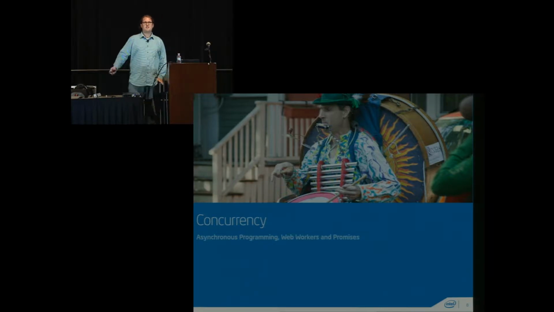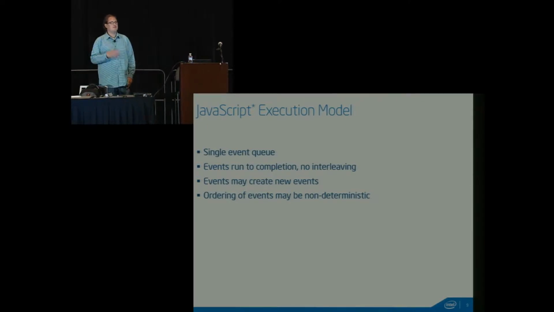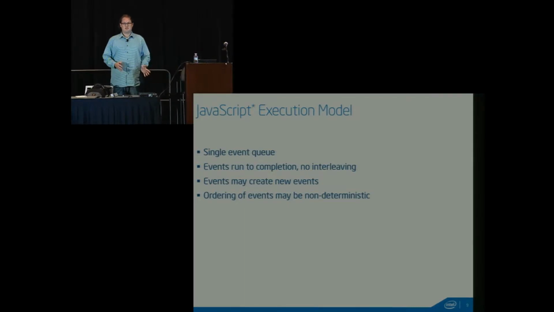Before I go into anything new or flashy, I want to make sure that we all are on the same page in understanding the JavaScript execution model and where the concurrency is in that model. If you look at JavaScript, it's a very, very nice execution model you have. If you compare yourself to C developers, C++ developers that have to write multi-thread applications, you're in a really nice spot in JavaScript.